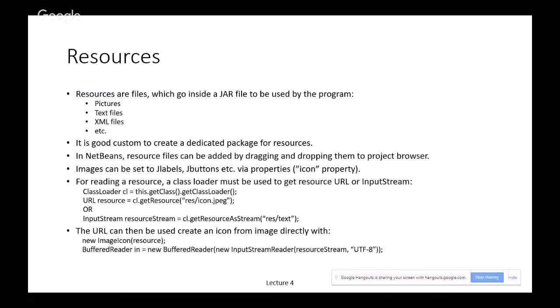Basically you just create a package where you put stuff into, you can drag and drop them into NetBeans from the file system if you want to, or just put them manually into those folders. Images you can most easily use by just putting them into JLabels. And using the class loader, you can load any file as you get a stream to that file, and you can read it like any file could be read.